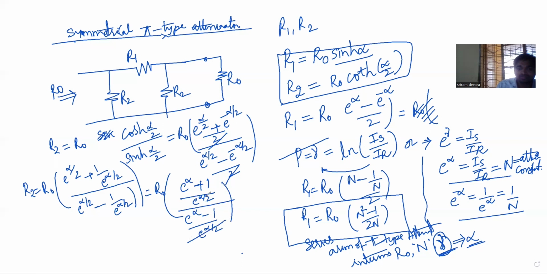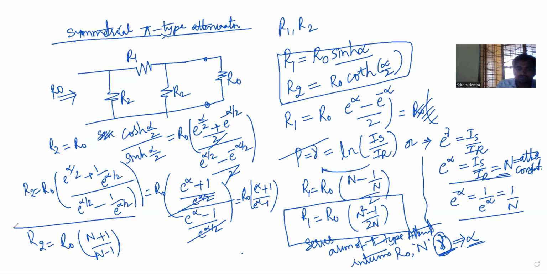The e power alpha by 2 terms get cancelled. This is R0 into (e power alpha plus 1) divided by (e power alpha minus 1). Since e power alpha is N, R2 is equal to R0 into (N plus 1) divided by (N minus 1). This is the other formula, for the shunt arm of the pi-type attenuator in terms of R0 and the attenuation constant N.